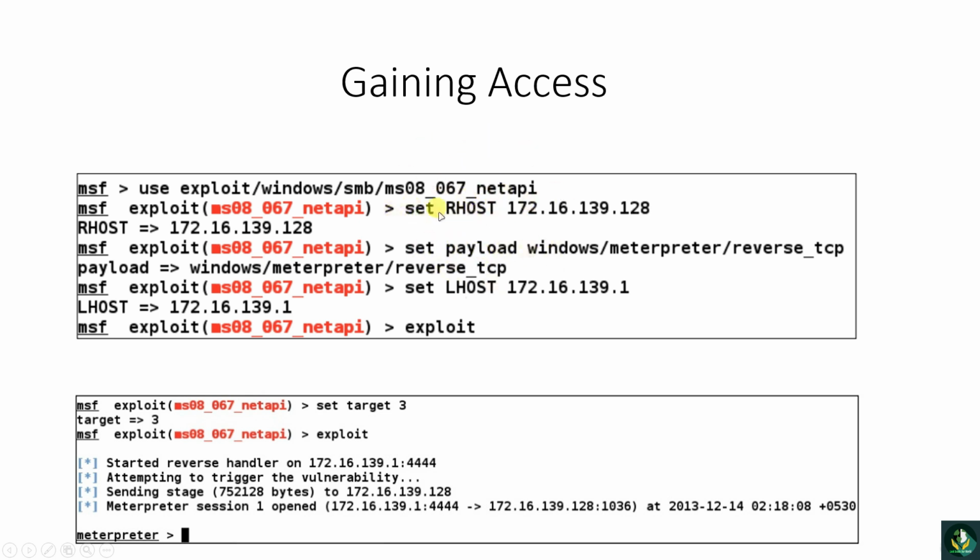How can you set them? Just type set RHOST to the IP address that you want to exploit, and set the payload, which is the Metasploit reverse TCP. This is the default vulnerable one. After that, set LHOST, and then simply press exploit. After setting all of those required options, we will continue to exploit the target and gain Meterpreter access to it.